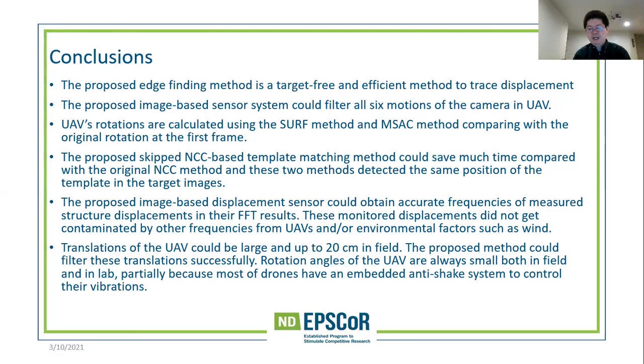We tested and validated it through lab and field testing, and the method is quite accurate. Without such a method, in the displacement captured using conventional image processing methods, the error could be very big. Okay, with that, I will conclude my presentation and welcome your questions.